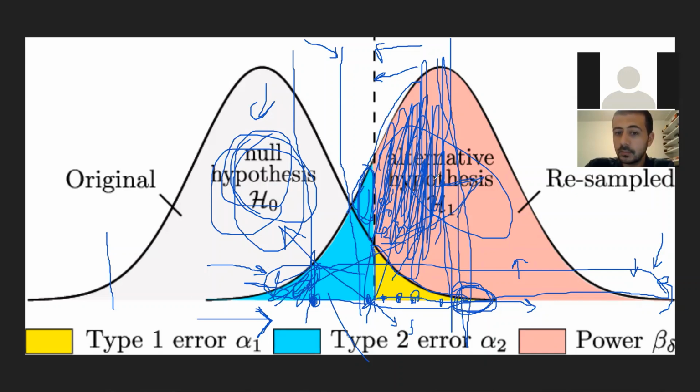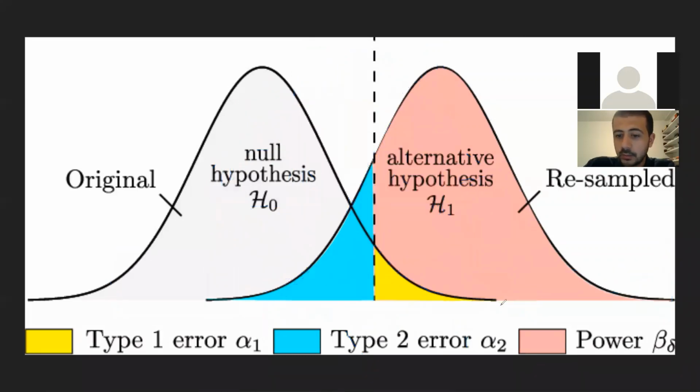So 30% will be in the blue and the yellow area, right? Now I'll tell you. As I move left, the p-value will increase till I reach here. It will reach 1, exactly identical. And it will be so small here.